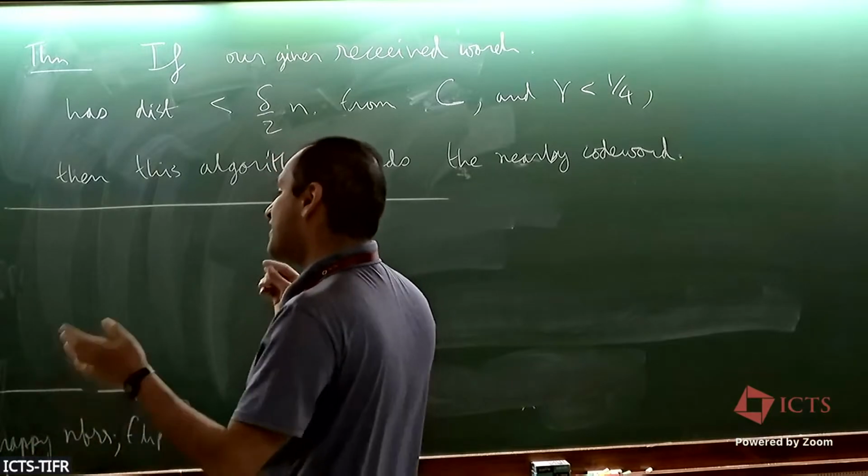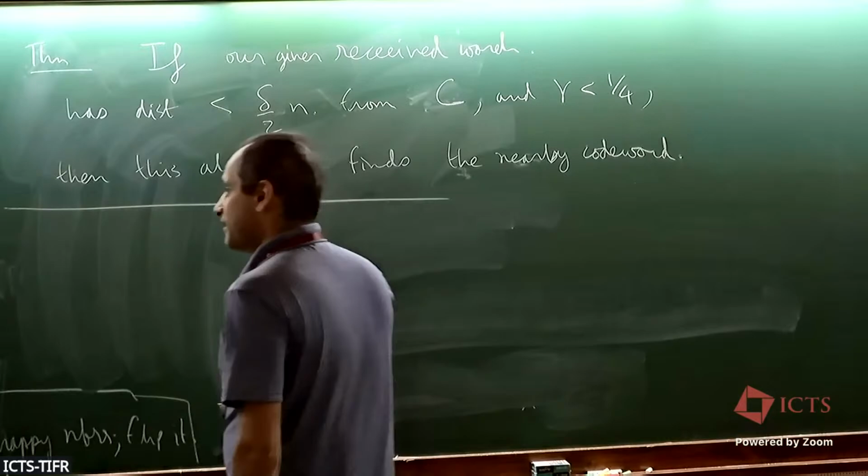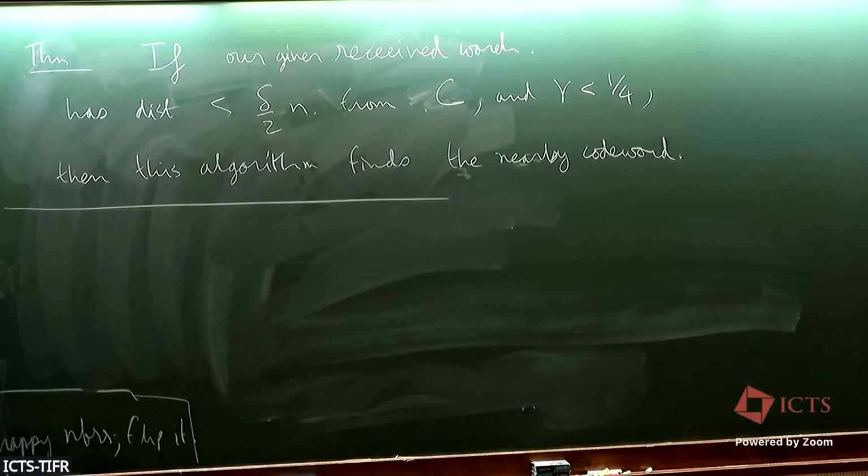Okay, so why is there a vertex which has more unhappy neighbors than happy neighbors? We have a set S. These are all its neighbors.